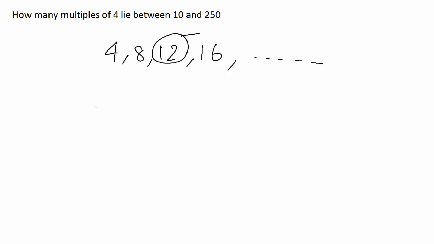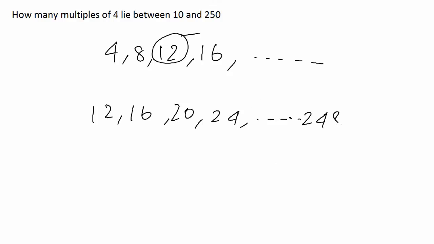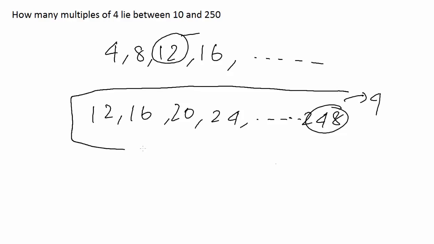So start from this: 12, 16, 20, 24. So go on. Now what's the limit? We have 250. Wait, 240 is divisible by 8. 240 is a multiple of 4. So we're going to take this series. This is our series. This is our AP.